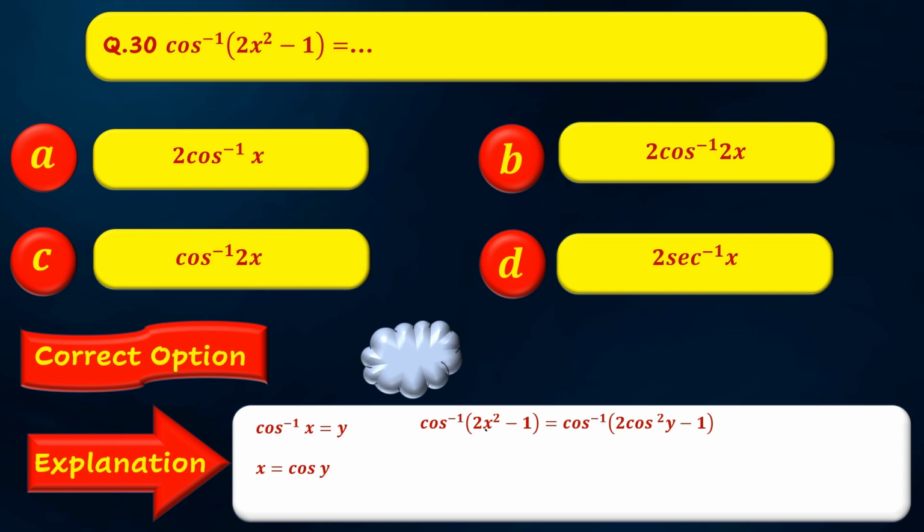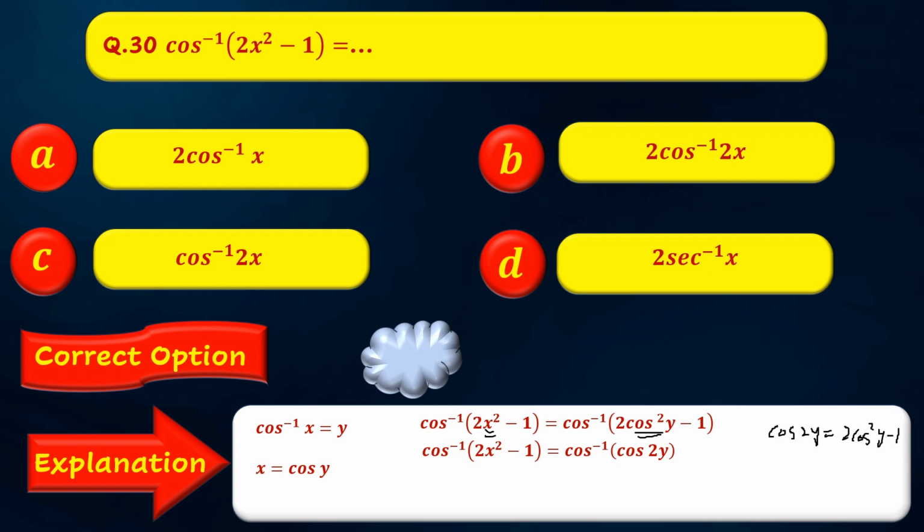Here, x has been replaced by cos of y. Now, according to the double angle identity of the cosine function, cos 2y is equal to 2 cos square y minus 1. Therefore, the expression on the right hand side can be written as cos inverse cos of 2y.